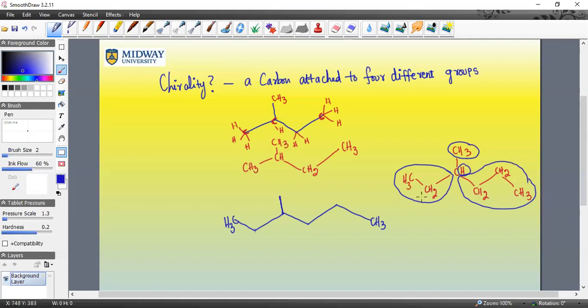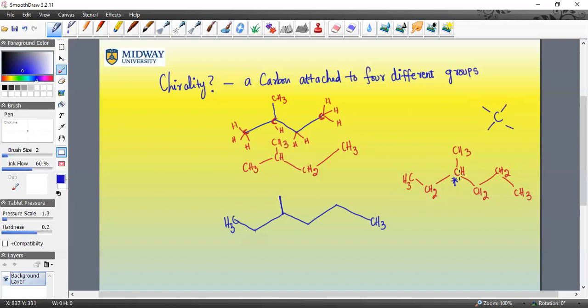So if we go back, we can say this is chiral. And this is not chiral because this carbon is attached to 2 hydrogens. Of course, it is attached to 2 different groups on left and right, but on the carbon itself, remember, a carbon contains 4 bonds, simple.